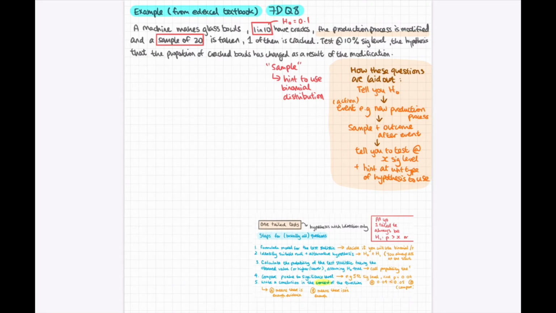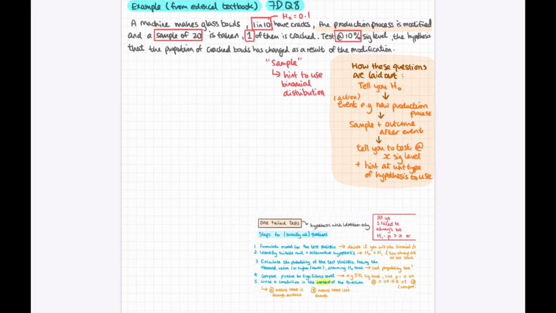And then you are told the result of the new process. And then you're told to test at the 10% significance level the hypothesis that the proportion of cracked balls has changed as a result of the modification.